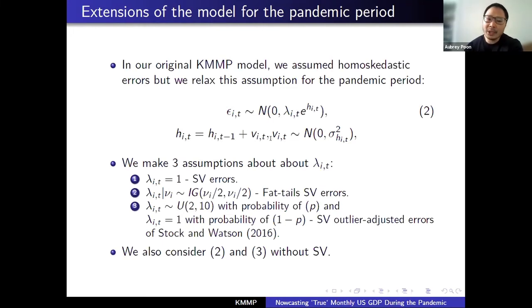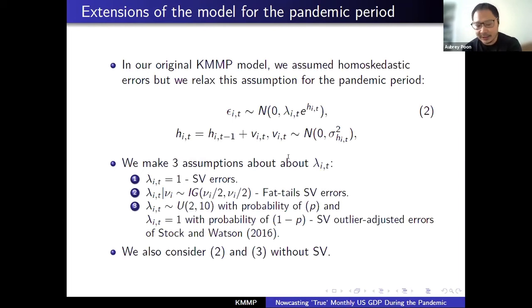In our paper, we make 3 assumptions about lambda I. If lambda I is equal to 1, we just get back to normal stochastic volatility errors, which is what our original model has.